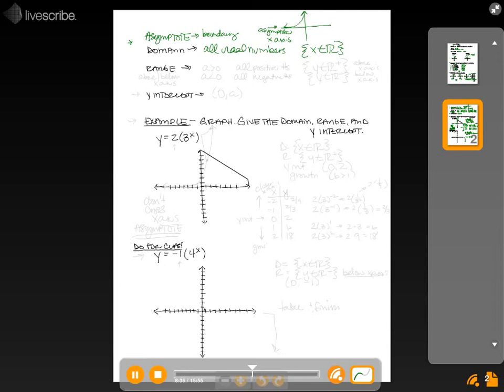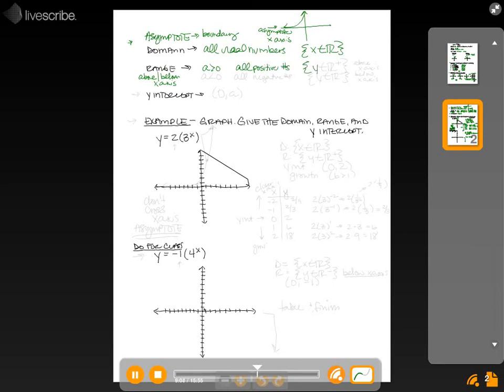Our range is different. Our range is whether it's above or below the x-axis. Okay, so remember those graphs I showed you where we had 2 graphs above, and 2 graphs below? That dictates what our range is going to be because our graphs will never cross the x-axis. So, if a is greater than 0, if a is positive, our range is all positive numbers.